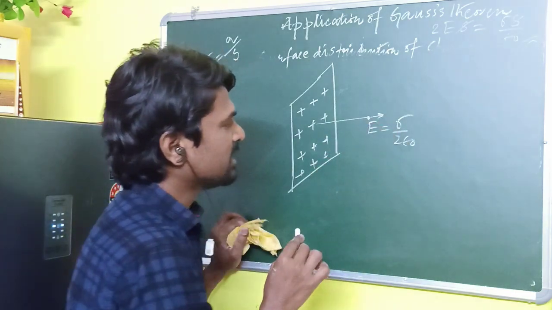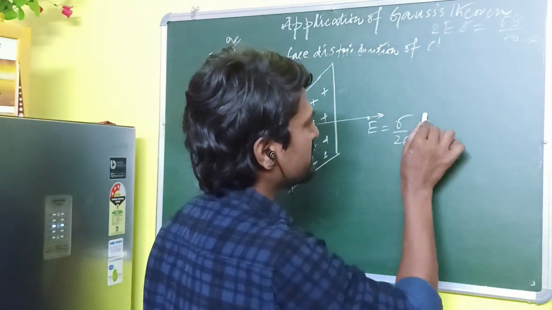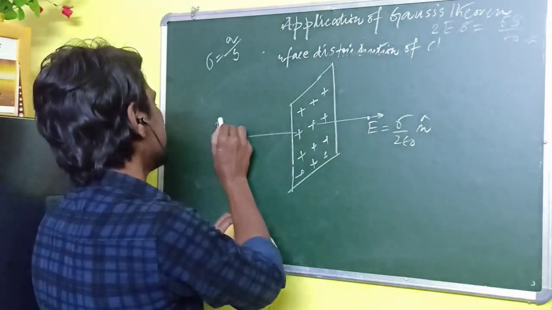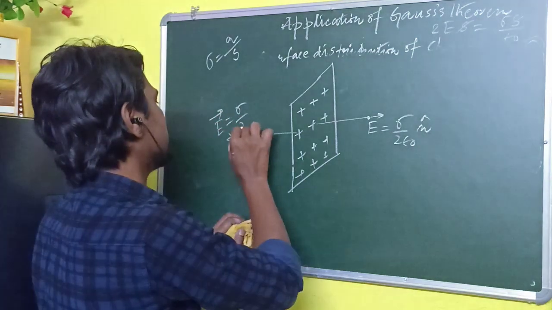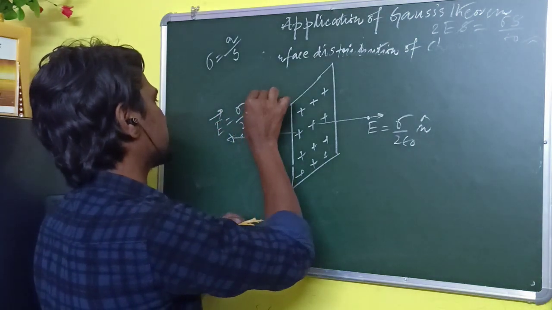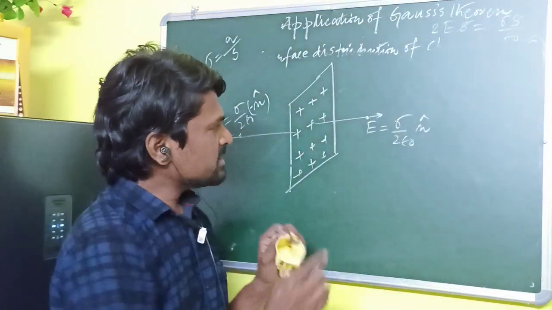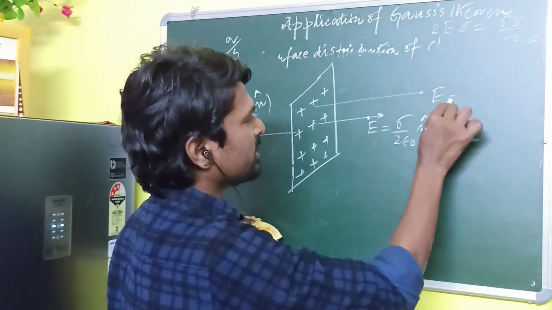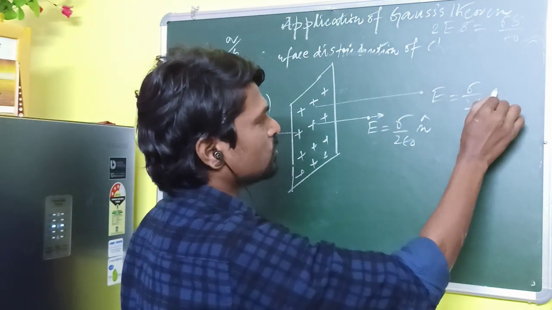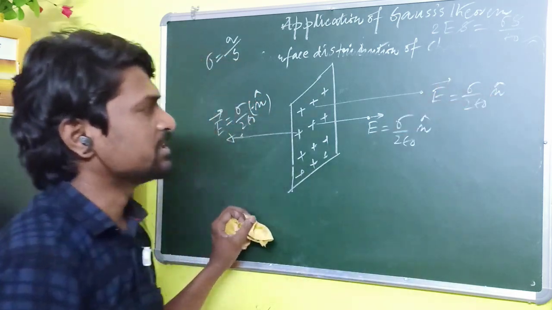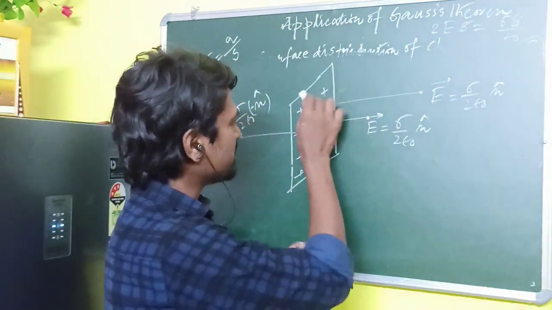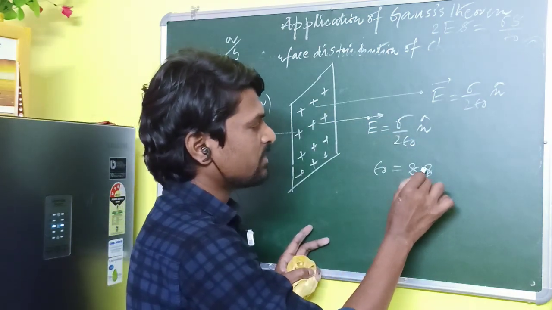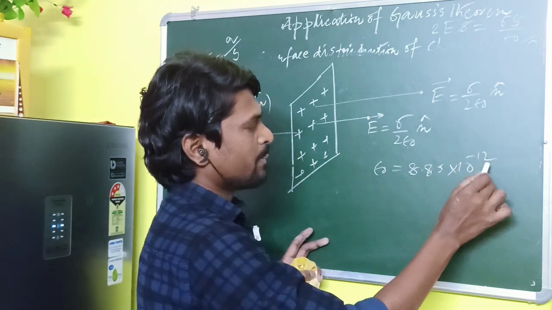If you take this as a vector, you can write n cap, and along the opposite direction the electric field is also sigma by 2 epsilon naught, that is minus n cap. So the electric field at that particular point is sigma by 2 epsilon naught into n cap. It is also the same on the other side, because the density doesn't change, and epsilon naught is a fixed value, that is 8.85 into 10 to the power minus 12.